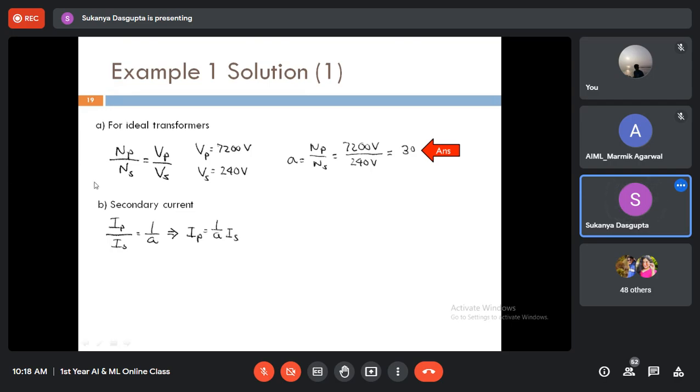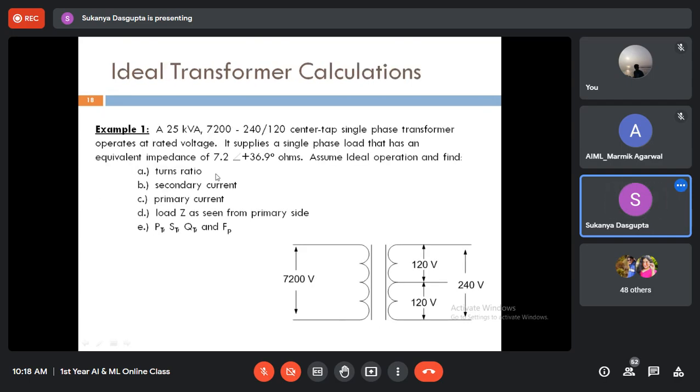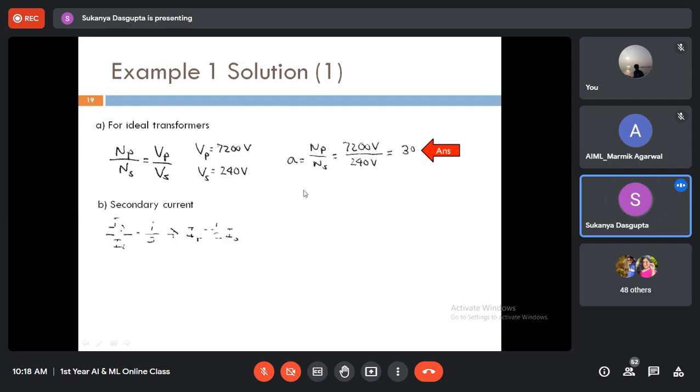So VP, which is 7,200. V2, the secondary voltage, VS, 240 volt. So VP by VS is equal to NP by NS, right? So that is 30. So for ideal transformer, turns ratio is 30.